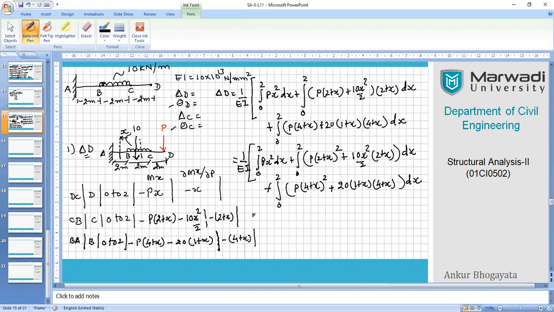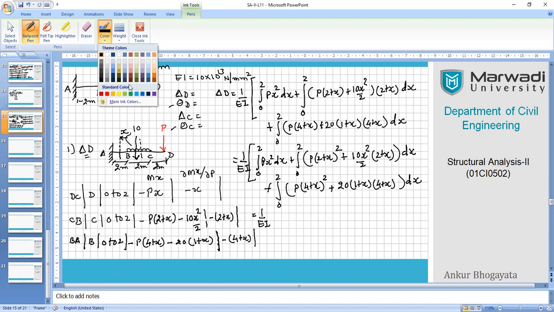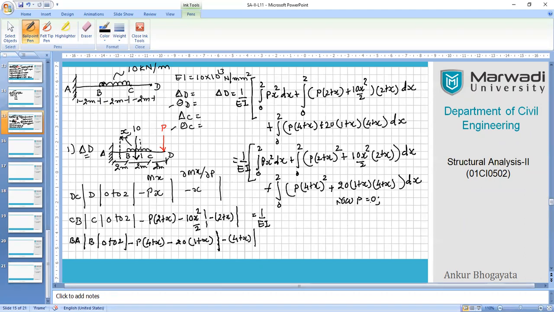Now it's a good time to put p equals to 0 so that we can avoid some of the terms. So let me put it like this. Let's use now, sorry, p equals to 0. Okay, so now let's go for it. Which are the terms that we are going to cancel?